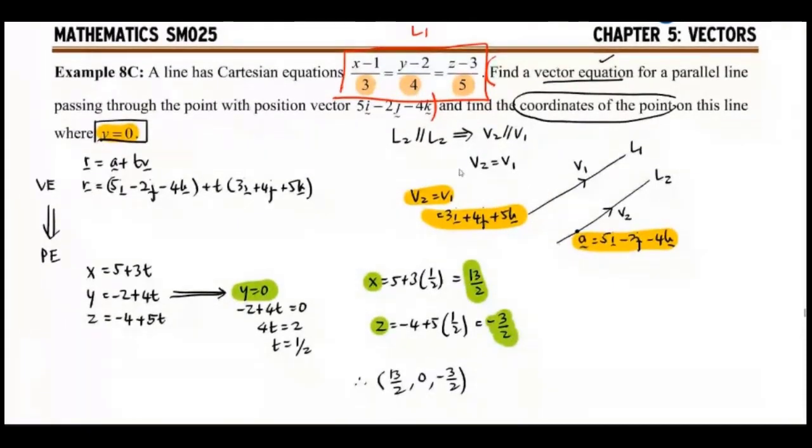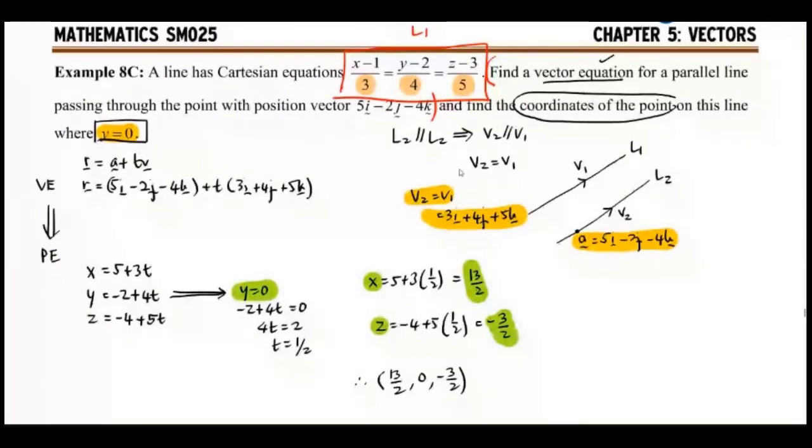Okay, next part. Second part. Once we already have the lines, we want to find the angle between lines. Okay, angle between lines, we use the same concept, which is find the angle between two vectors using inverse cos of dot product over magnitude.